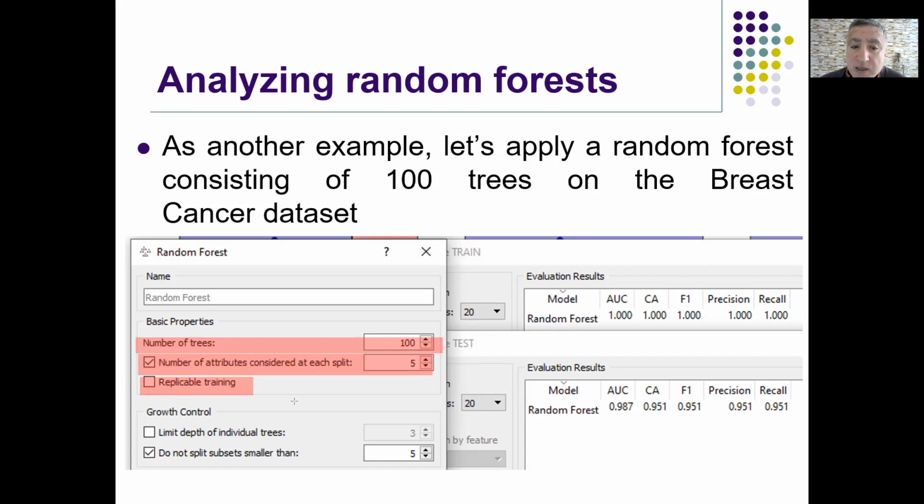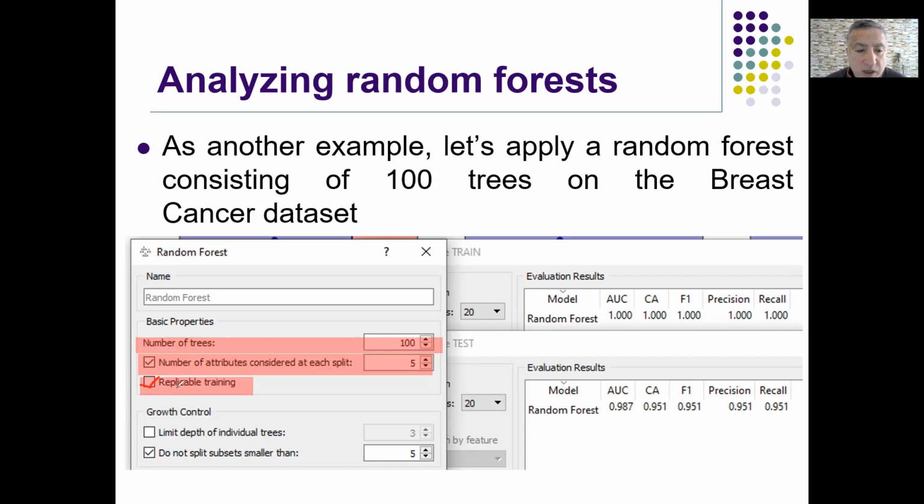Okay, so when you send me your OWL, if you didn't tick this replicable training, then the results that I am going to see in the Orange and the result that you reported in the report file will be different. Please click this replicable. Okay, don't forget this. Please, this replicable click. Okay, that's the one thing.